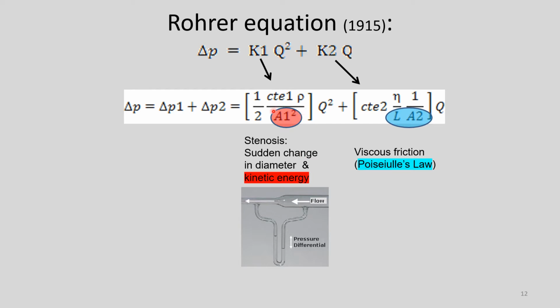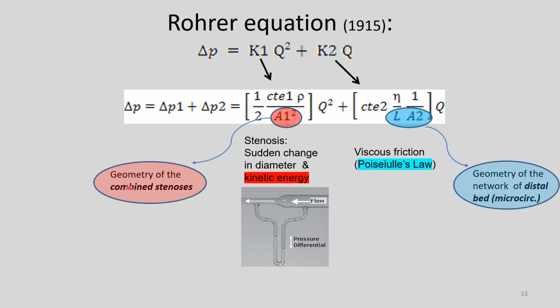So this term here is describing the behavior of multiple holes as if it were only one hole. And this is a very important point that I want to make here for the theory. So we are saying that you have a descriptor of the geometry of the combined stenosis, the same way that you have a description of the geometry of the combined microcirculation or distal circulation.